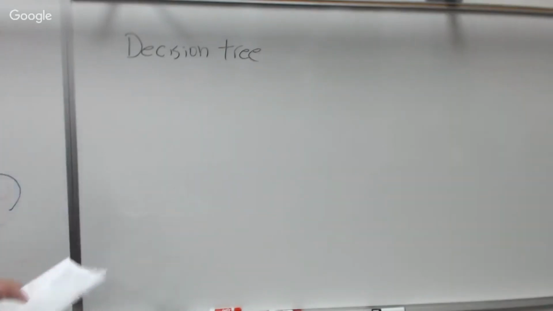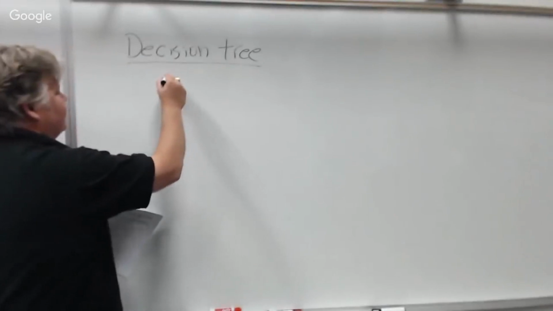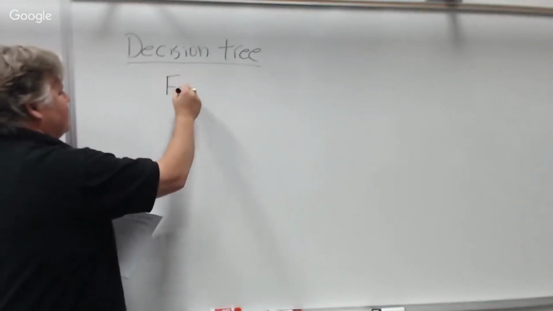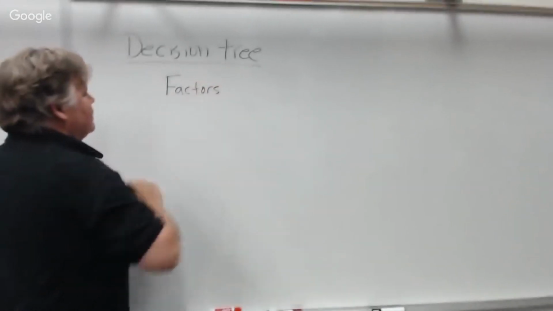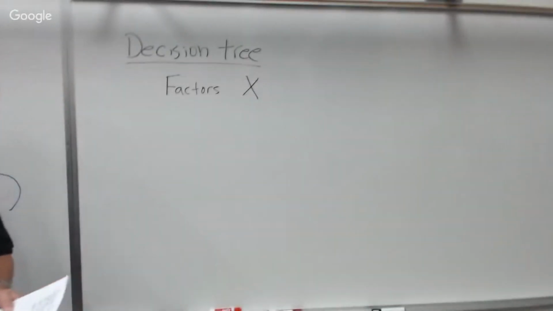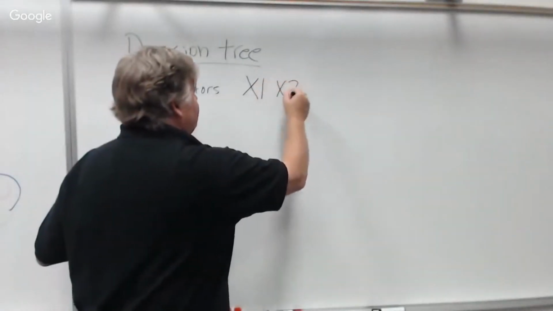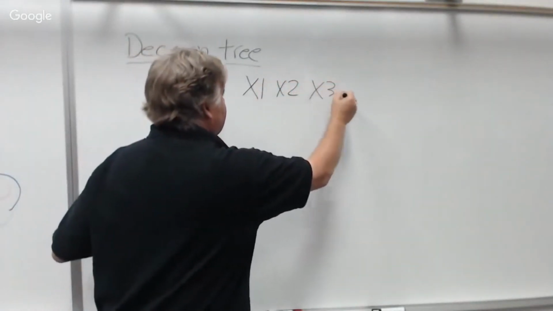Okay, so what makes up a decision tree? A list of factors. And these are our X's. And again, there might be many of them. Might be X1, X2, X3.